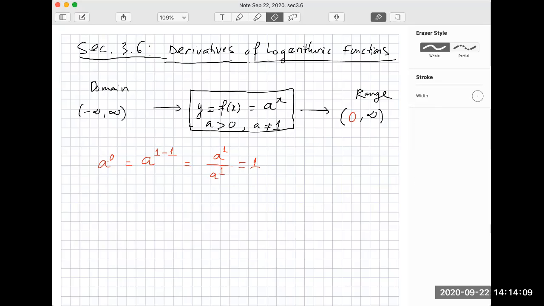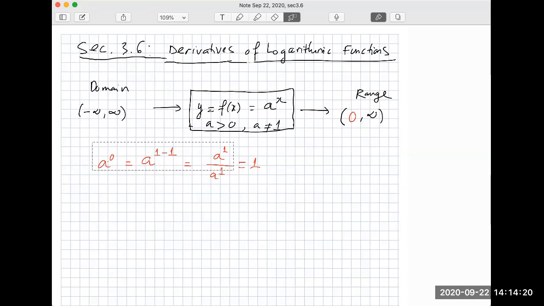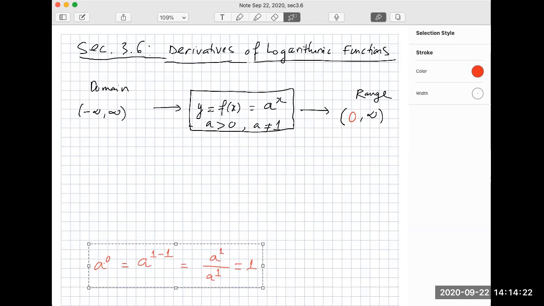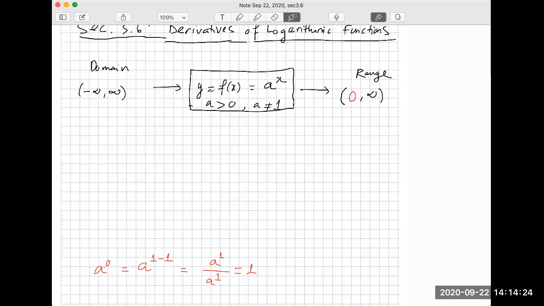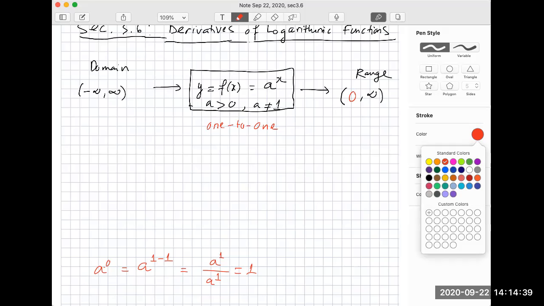So if you don't remember the formula, just look at this. Now let me bring this down a little bit to have some space to write here. We know that this function is 1 to 1. It means any value of x gives us one value of y. Therefore, it has an inverse.